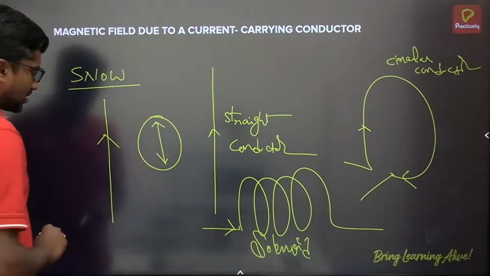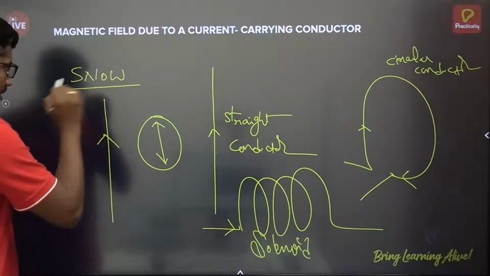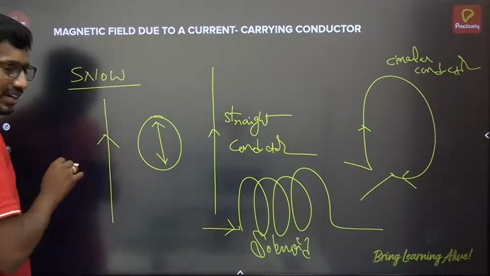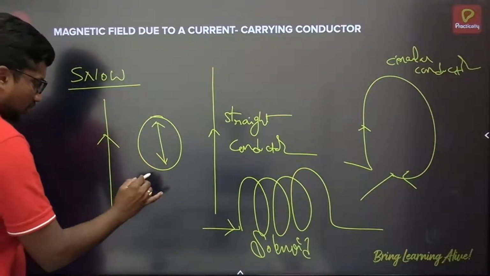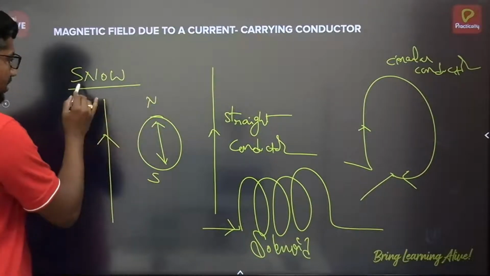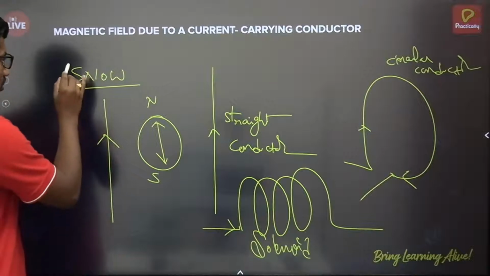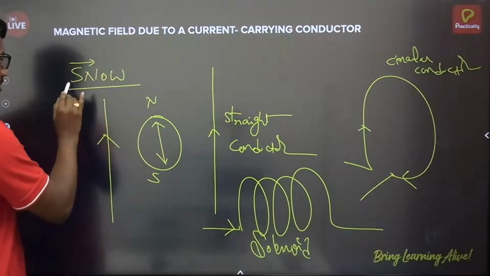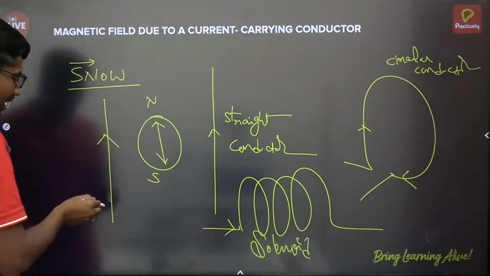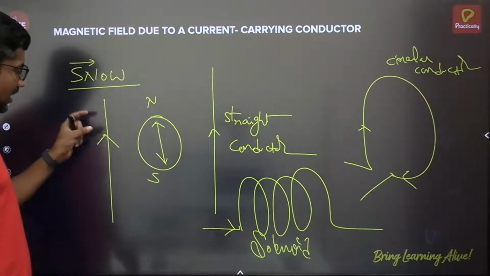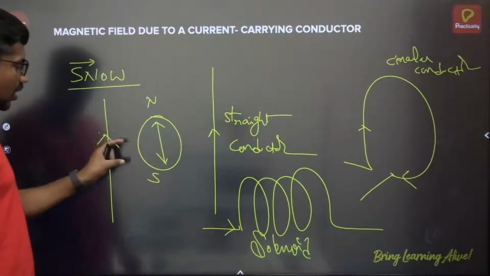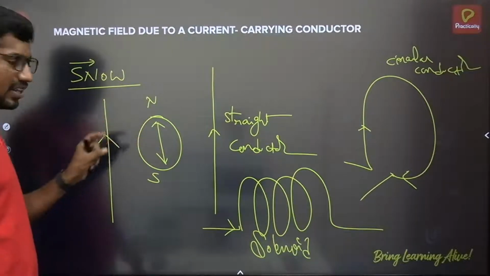If electric current flows in the conductor in the direction south to north, S and N represent south to north, we can get to know by the help of this compass.